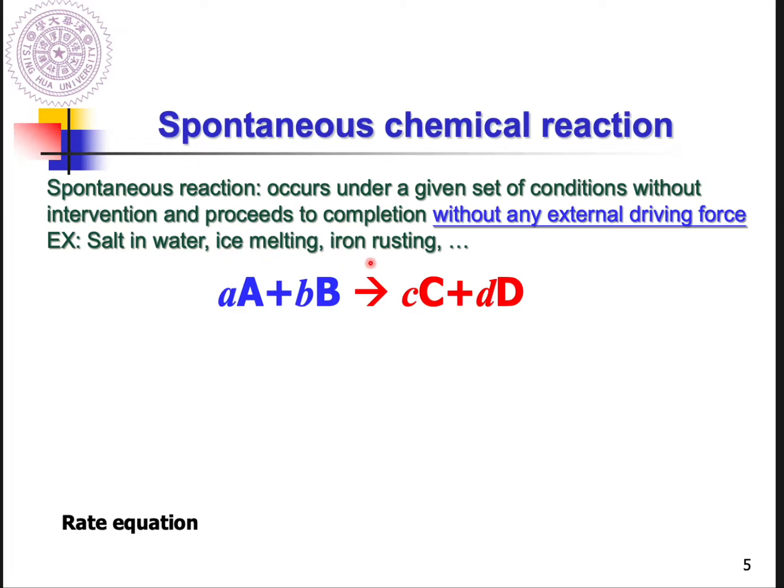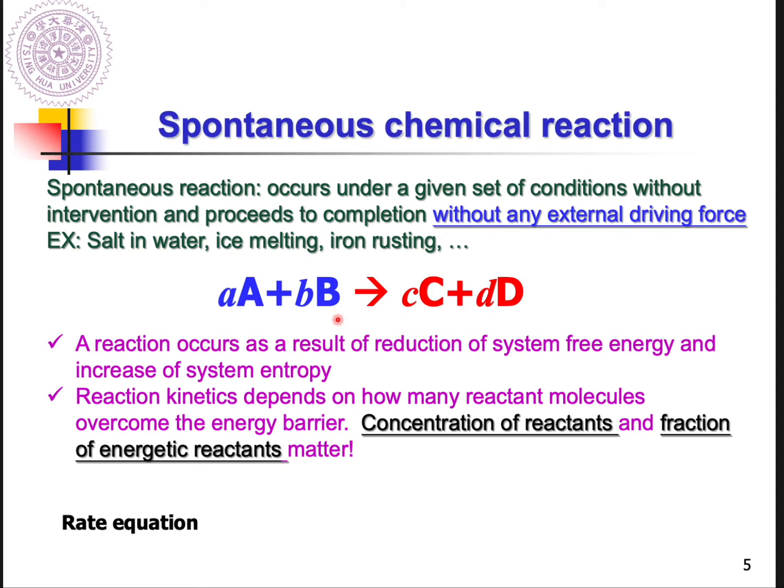Although it is a spontaneous chemical reaction, the Gibbs free energy is definitely negative. So Gibbs free energy can serve as a driving force for these chemical reactions. The reaction happens as a result of a reduction of the total free energy of the system and also an increase of the system entropy.